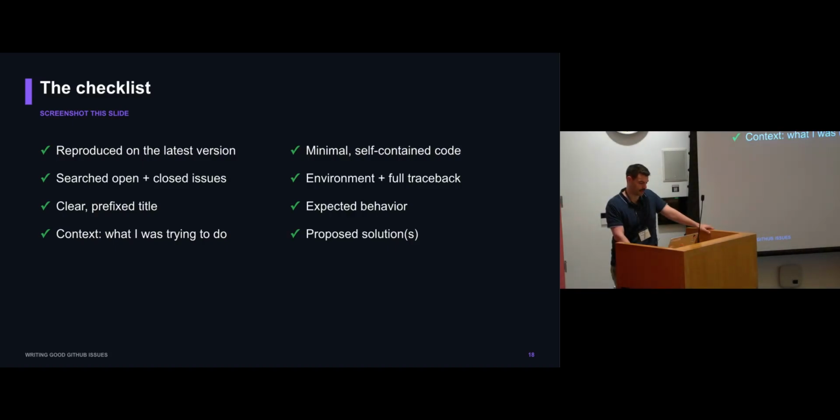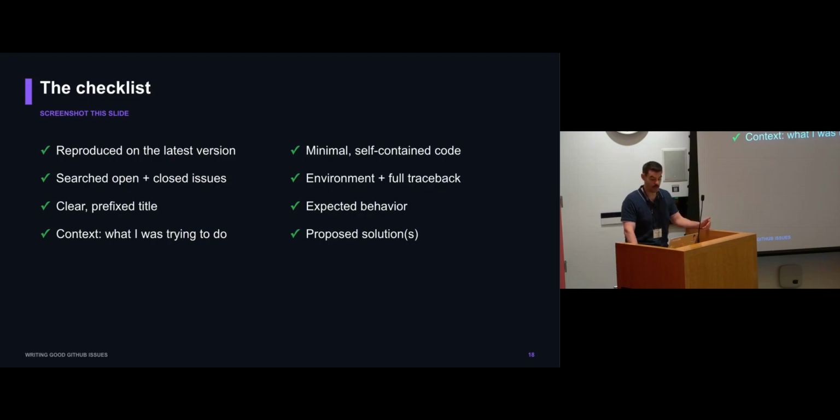Okay, so checklist. One is try to reproduce on the latest version of the software. Then search for open and closed issues relating to this. Try to have a clear prefixed title, provide the context, who you are and what you're trying to do.